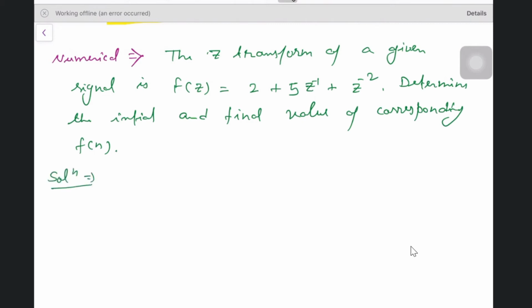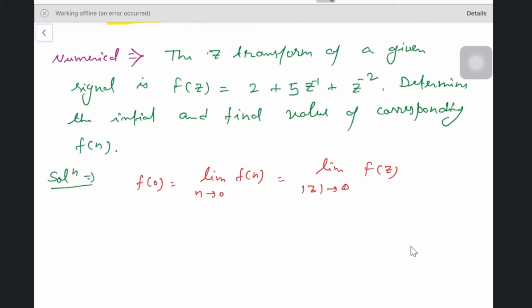If you want to calculate the initial value, what was the definition? You want to calculate f of 0, and this f of 0 is the limit n tends to 0 f of n, or limit mod z tends to infinity f of z.